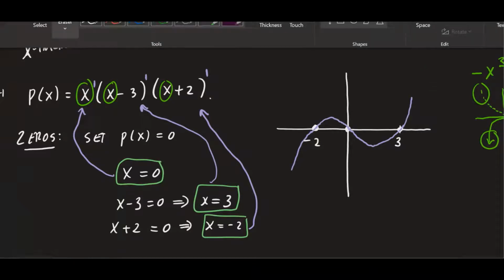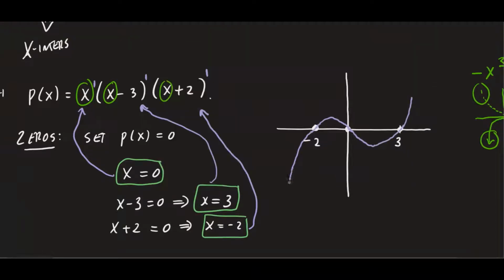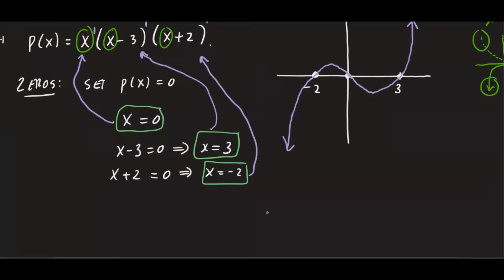But pretty much we have the graph down. So this is the graph of this polynomial. So really, the end behavior together with multiplicity, you can draw any polynomial. Now there's also another way to graph these by making a table. So you can think of it as plotting these zeros on the real line.